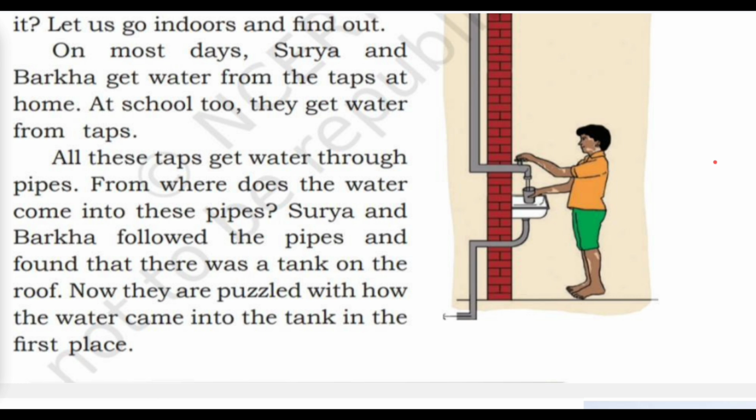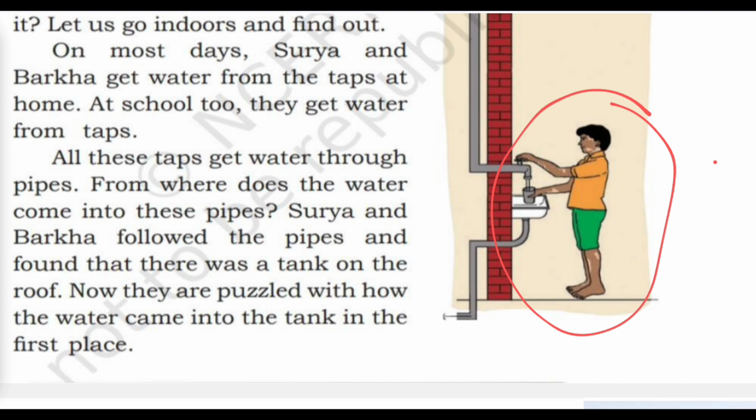This boy over here is Surya and he has a sister called Barkha. So now what did he find? He saw that the water is coming from the tap. So he got curious, from where does water come into the tap? On being curious, he found out that the water that is coming from your tap comes from pipes.